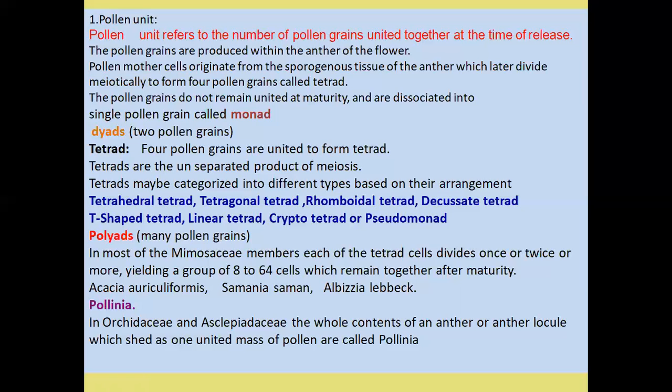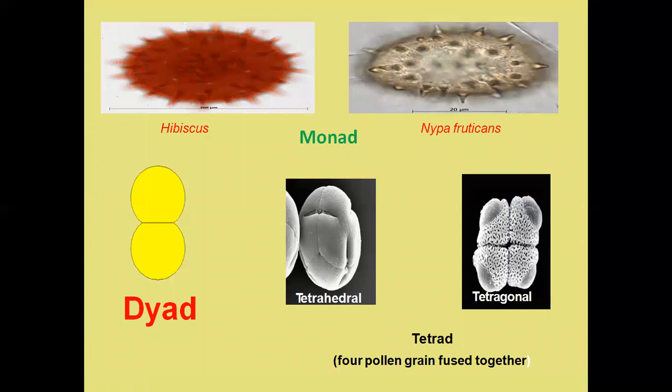The whole contents of an anther or anther locule is shed as one united mass. In that mass, a number of pollen grains are there. We can see this in Orchidaceae and Asclepiadaceae. These are the various pictures observed.